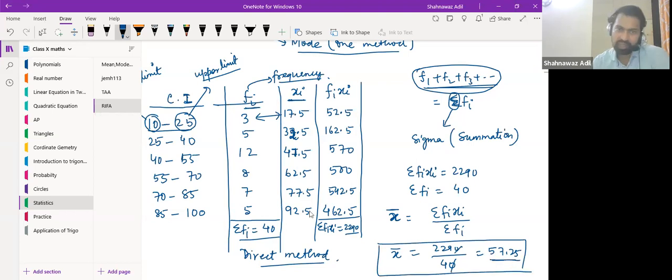This is the mark that is in the middle of these marks. So on an average, the students got 57.25 marks. Is this clear? Yes. So in the direct method, we directly multiply this fi into xi, right? So this is called the direct method.